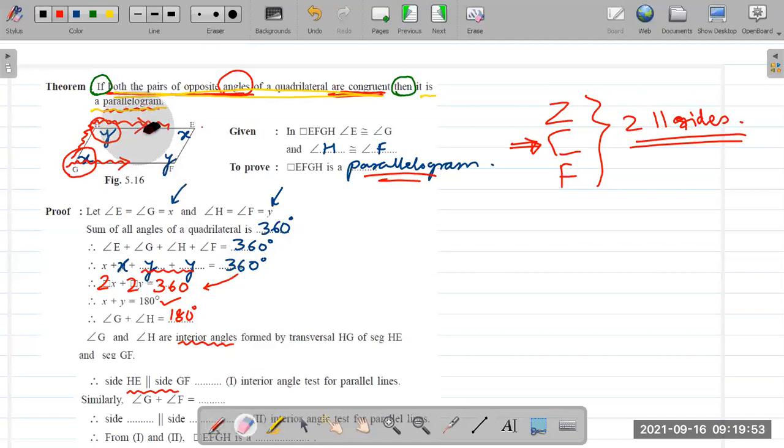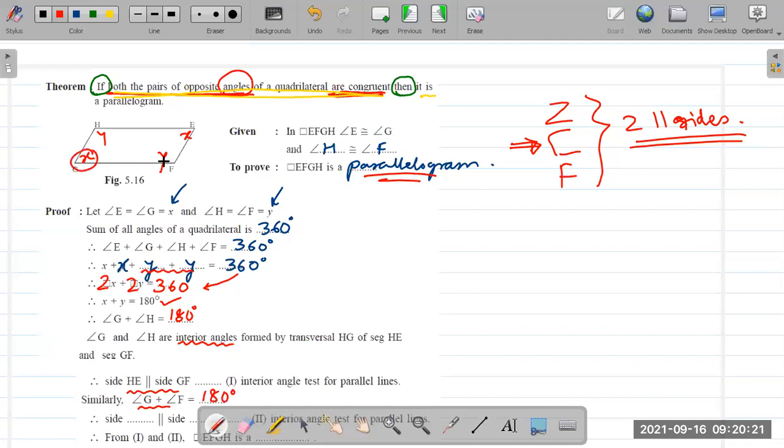Now, similarly, instead of using these two pairs, we could have used the other two angles, G and F. Similarly, instead of G and H, we labeled this as X and X, this as Y and Y. So, instead of H, I can replace the Y with F also. So G plus F equals 180 degrees.